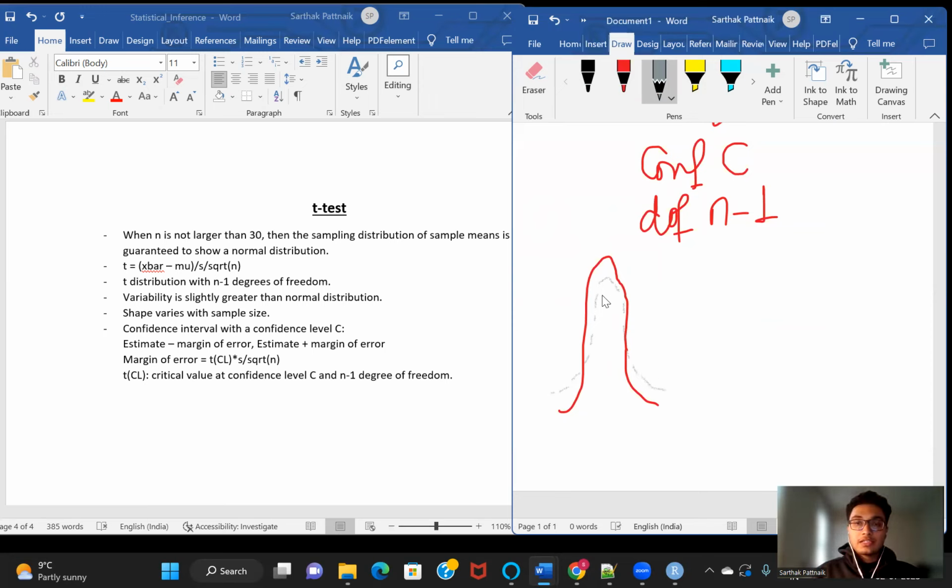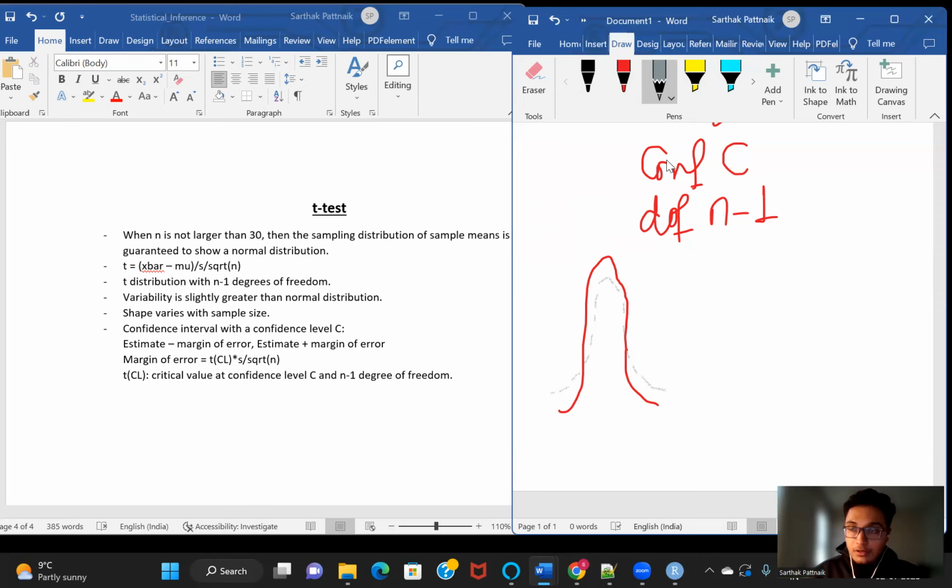It won't be able to reach that maximum peak that the standard normal distribution reaches. And as the number of samples increases, the t distributed curve and the standard normal distribution curve will superimpose, and hence CLT will be applied, and it will start following a normal distribution.